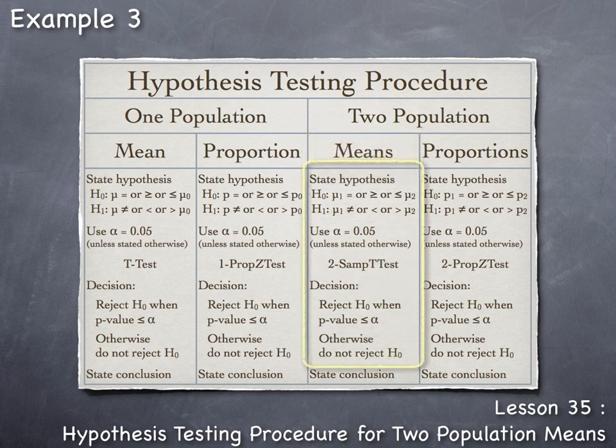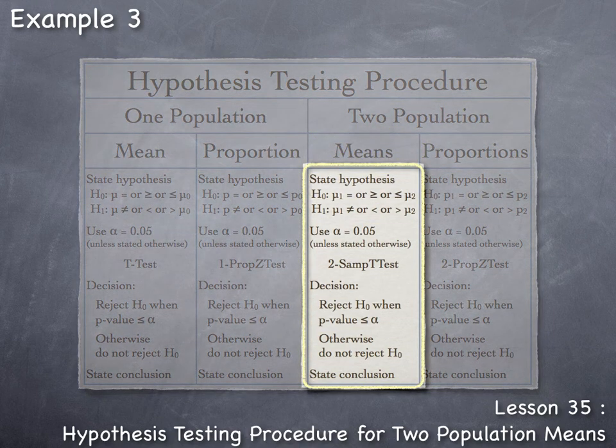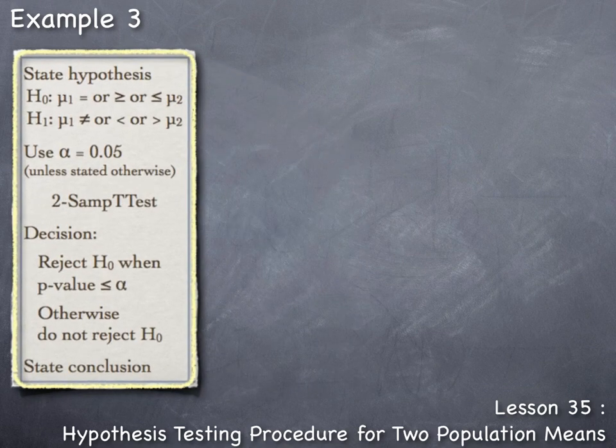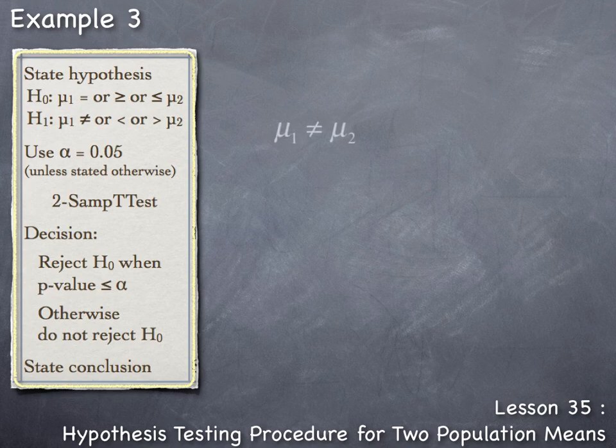So we look to the following as a guideline to take us through the steps of the hypothesis test procedure, starting with the stating of the hypothesis statistically. Here we've indicated that mu1 not equal to mu2 indicates that yes, there is a difference. The opposite would be mu1 equals mu2, which would indicate that there is not a difference. The mu1 equals mu2 contains the condition of equality, and H0 is always used to label the condition of equality.